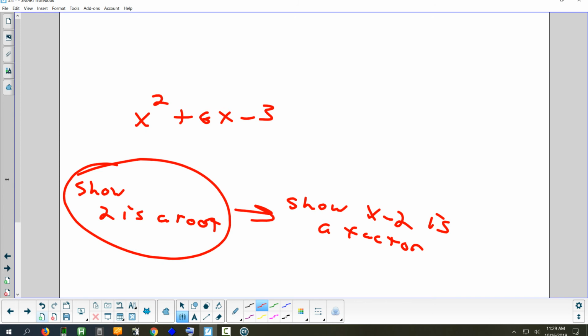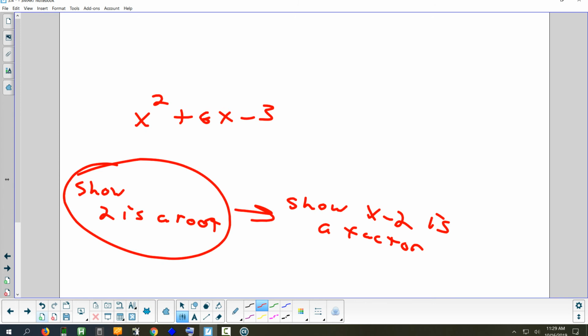Okay, think about long division. What are your 2 parts to your answer when you do long division? Quotient and remainder. Yes. What's going to happen with the remainder? It's going to be 0. Okay. That's what you're really trying to show here.